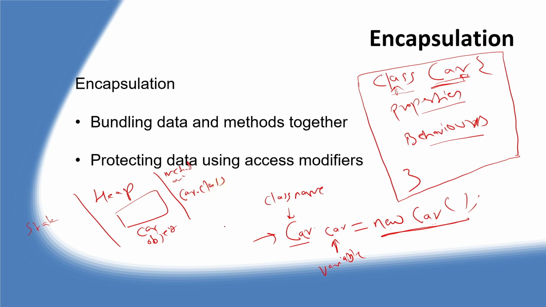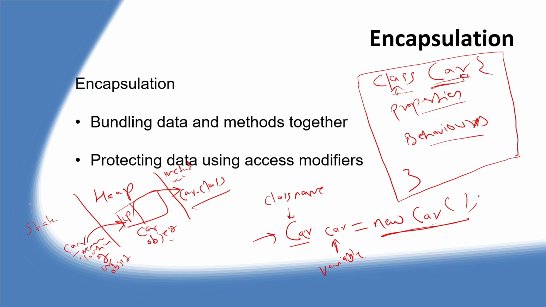And the variable name Car will be sitting in the stack memory. The Car object will have a memory location that will be stored here. So this will point to the Car object, and inside the Car object there will be one class pointer. This class pointer will be pointing to the dot class file.